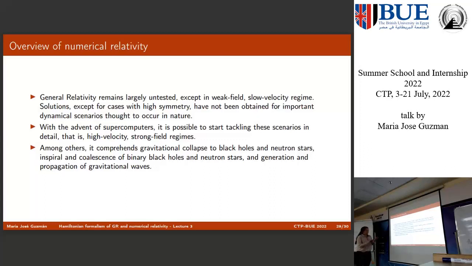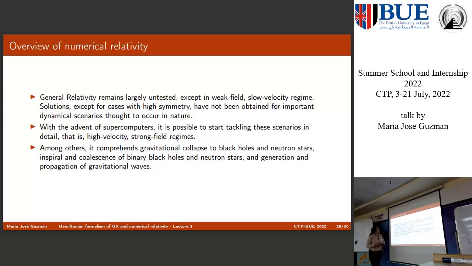So this is some sort of theoretical overview on numerical relativity. Why do I think this topic really needs more research or more interest, at least in students? Because all the corroborations of general relativity that we have are from weak field, slow velocity regimes.